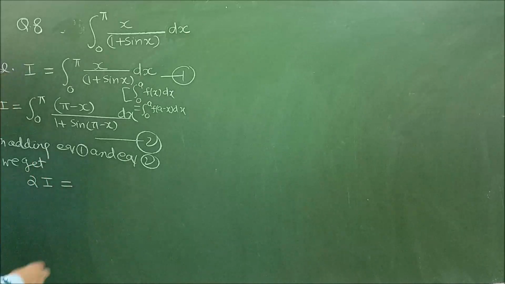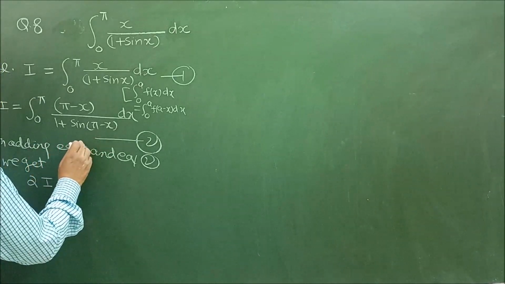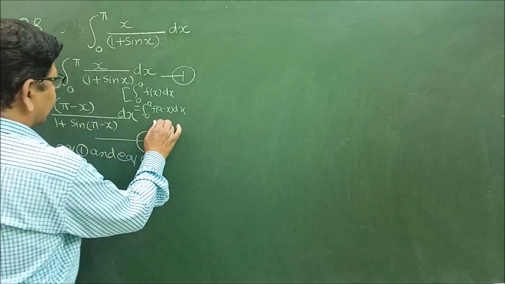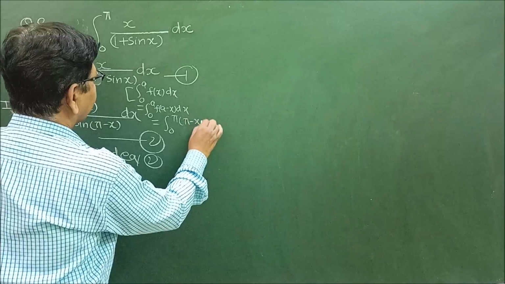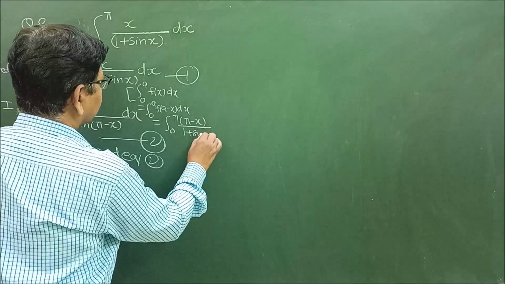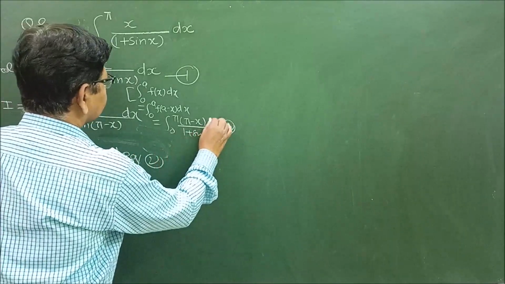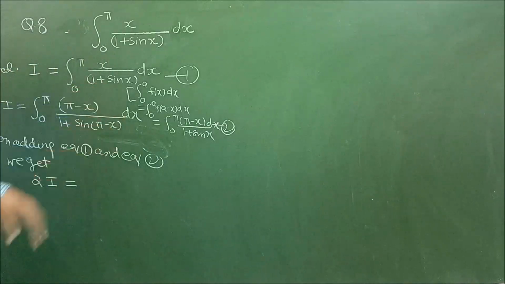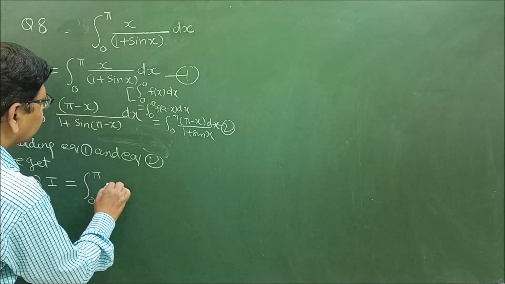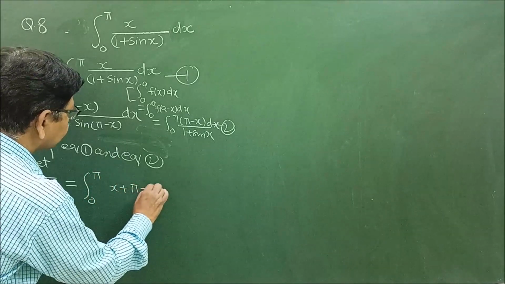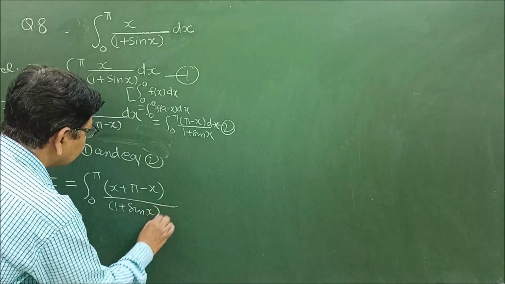On the right hand side, both are having the same denominator, because the sine of pi minus x is equal to sin x. So 0 to pi, x plus pi minus x upon 1 plus sin x dx.